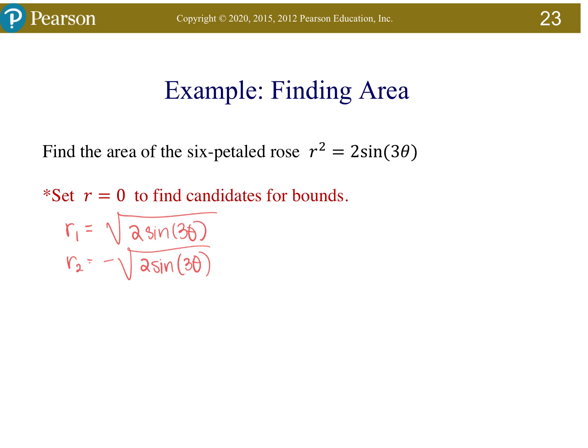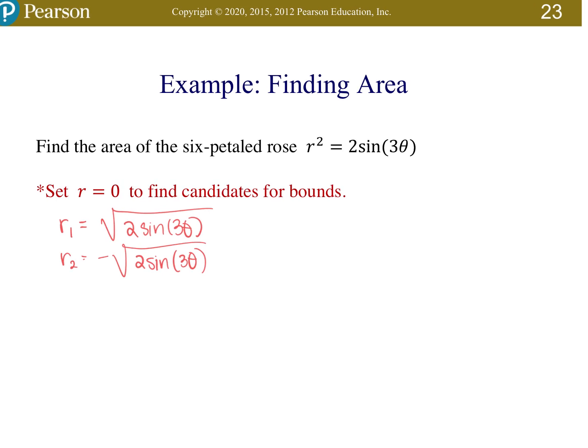All right, so I'm going to do mine. 2 sine 3 theta and negative 2. Oops. I like to start with 0 to 2 pi. I just like to be able to see the whole thing.